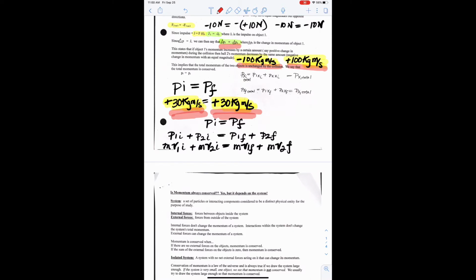And so you can write Pix equals Pfx. And it's a lot like projectile motion, where you can talk about momentum in just the x direction, momentum in the y direction, or total momentum by adding x and y directions together using the Pythagorean theorem. So that's kind of where this is heading.